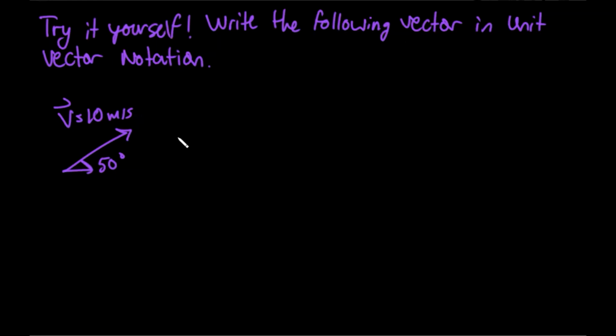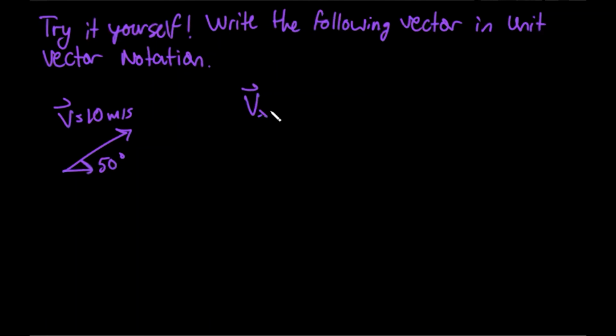Now I'd like you to try it yourself. Write the following vector in unit vector notation, where your vector is 10 meters per second at an angle of 50 degrees. Take a minute, pause the video, and try to calculate it yourself. All right, let's go over this.